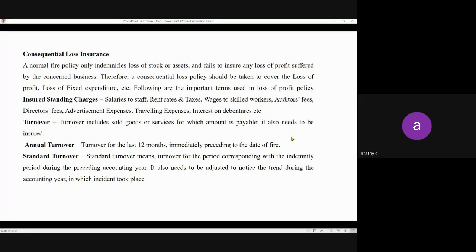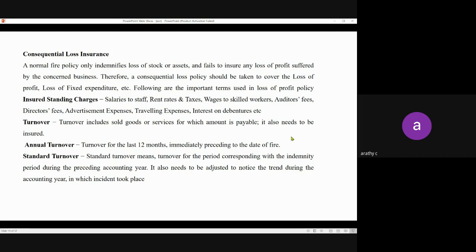Consequential loss insurance or loss of profit insurance applies when a business has to be discontinued or interrupted for some time due to fire or any type of damage. A normal fire policy only covers loss of stock or assets and fails to insure any loss of profit suffered by the business. Therefore, a consequential loss policy should be taken to cover the loss of profit, loss of fixed expenditure, etc.